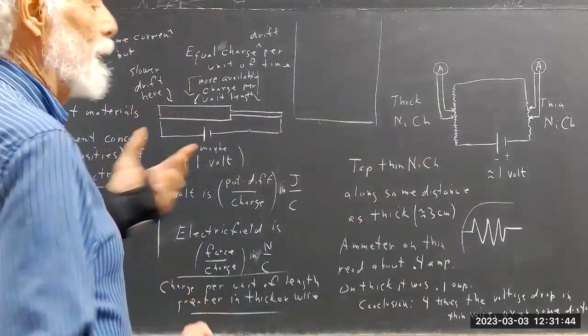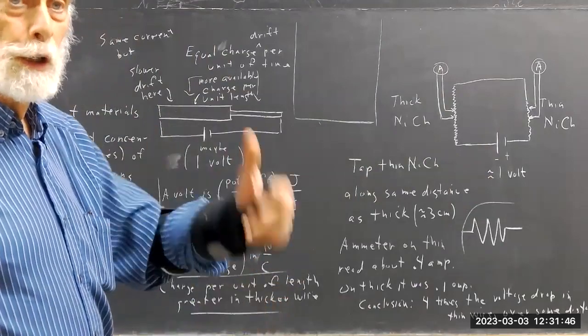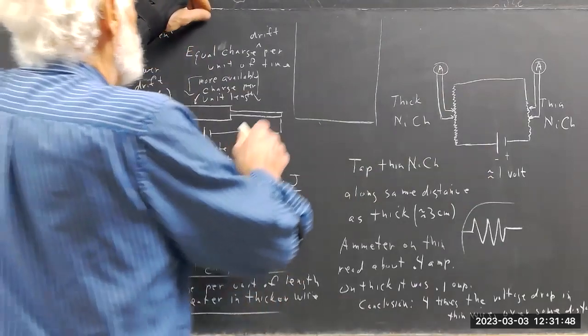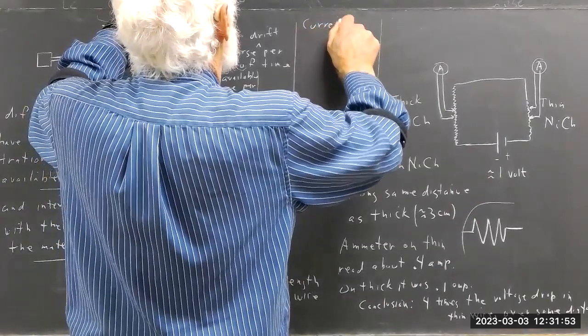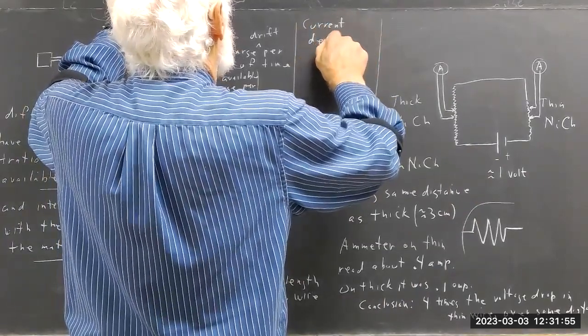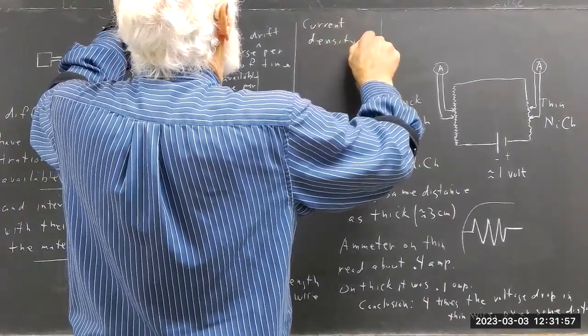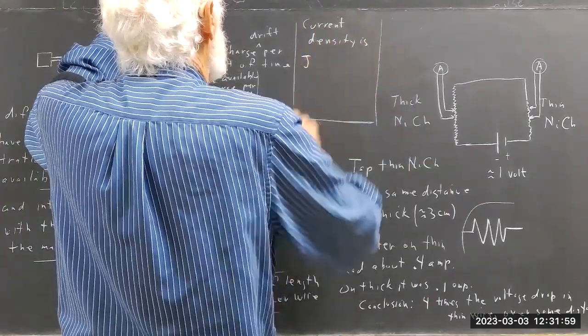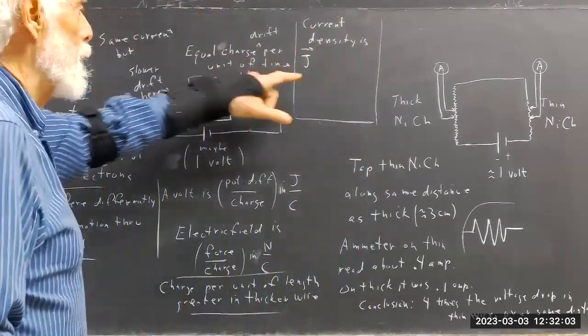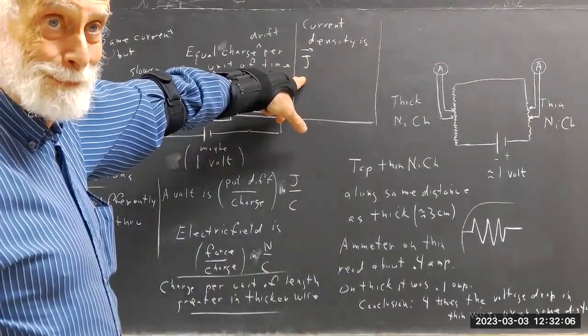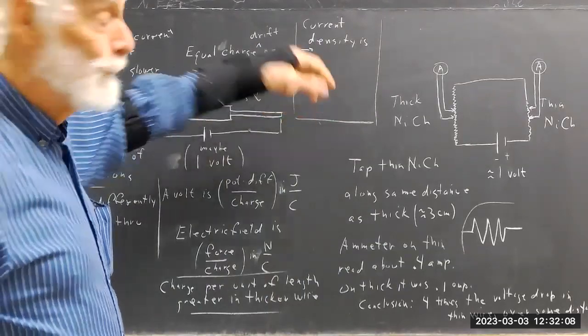Now, there's this idea of current density. I've been talking around it. The current density, not joules, got an arrow over it. Okay, it's a vector.